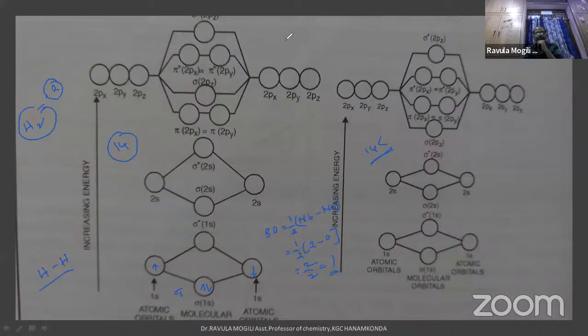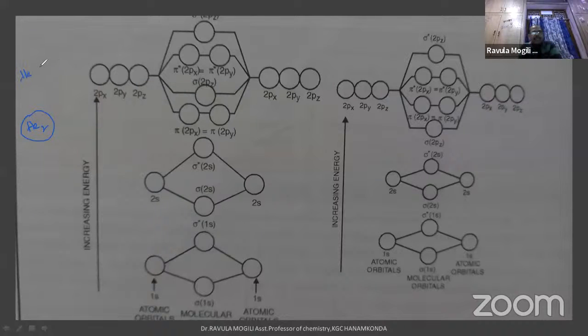Now for the helium molecule, He2: does it exist or not? The electronic configuration of helium is 1s2, so 2 electrons are present in the s orbital. This is one helium atom and another helium atom, so the total is 4 electrons.